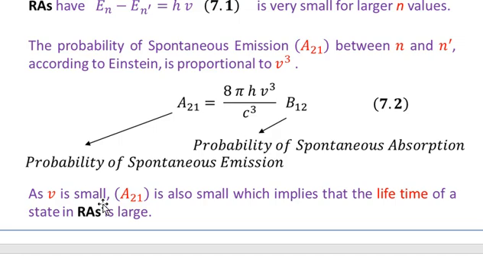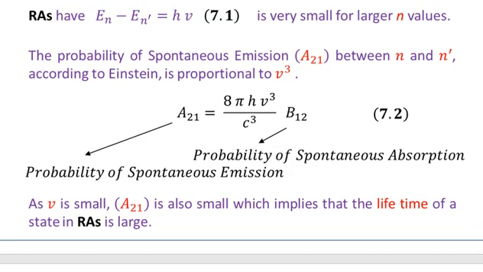As nu is small between two consecutive levels, as I have stated in equation number 7.1, that is, when the transition between two consecutive levels is made, where delta n is equal to 1, then h nu is a very small quantity. So nu is also a small quantity there.